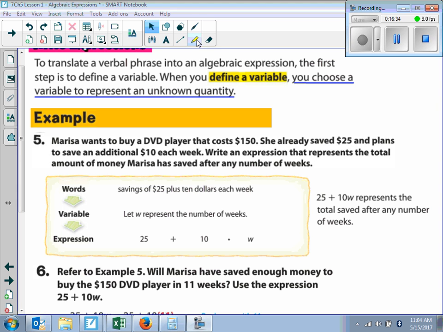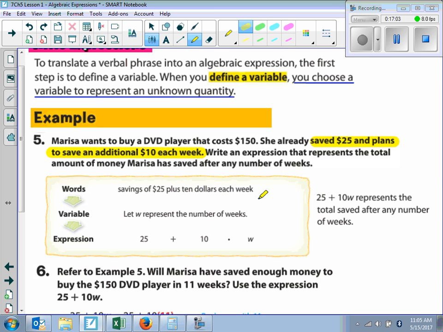So, in the problem, we see here that she is saving $25 plus $10 each week, right? So that's what we're going to write into our expression.